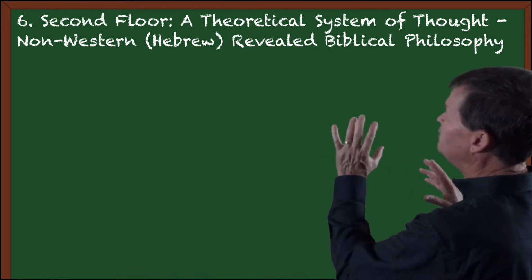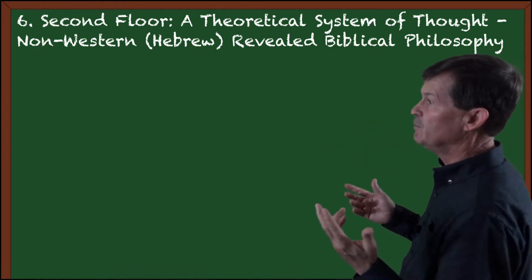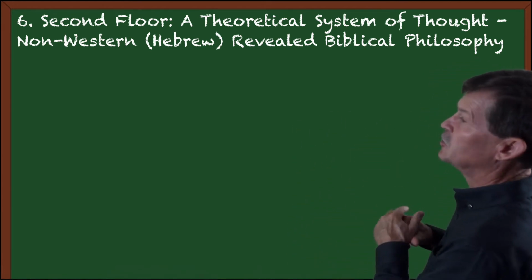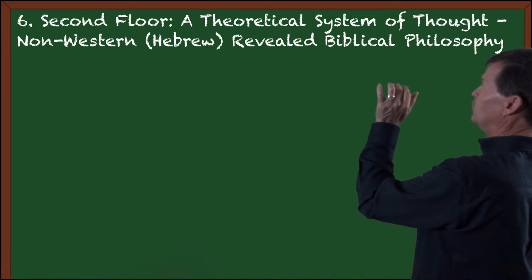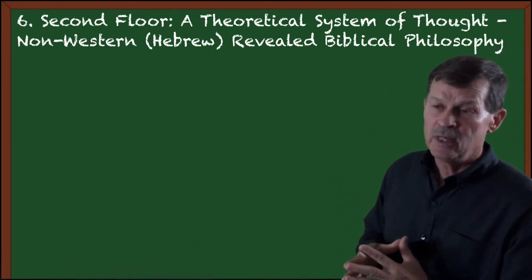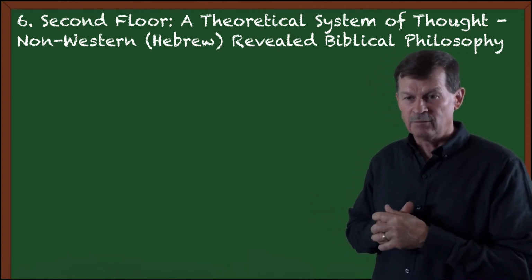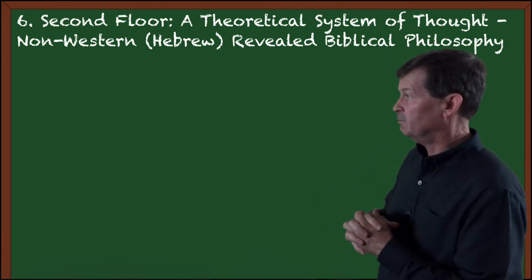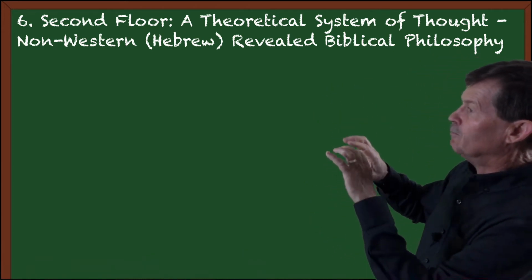It is revealed, because that is their source of authority. It's external to them, and it's biblical philosophy. So it's a non-Western, Hebrew revealed biblical philosophy. It's an open system. You can only have revealed scripture, revelation, in an open system. So that is the theoretical system of thought.